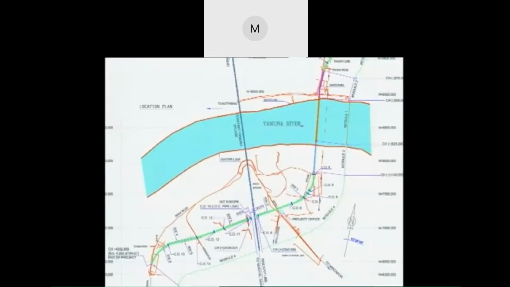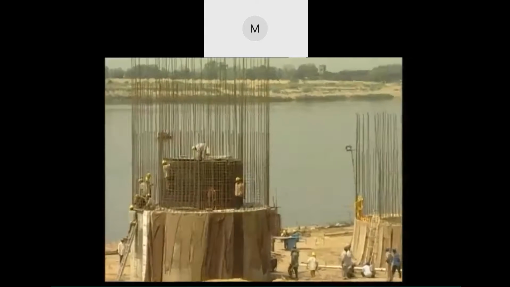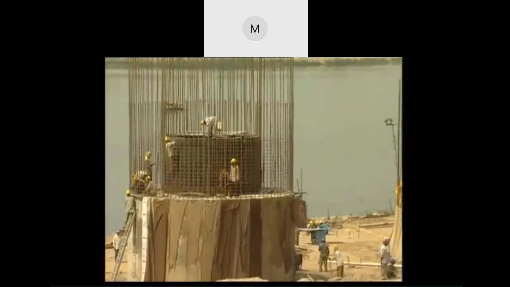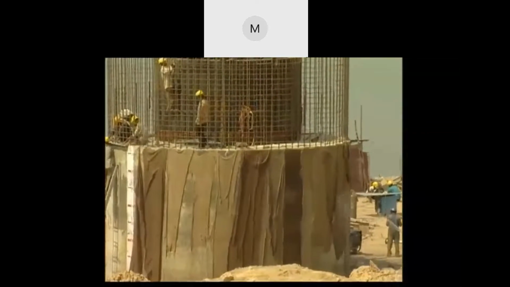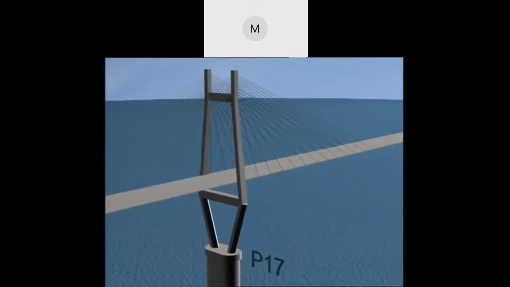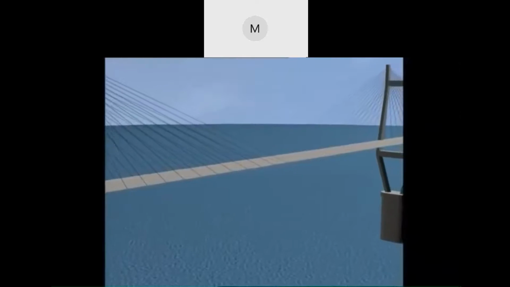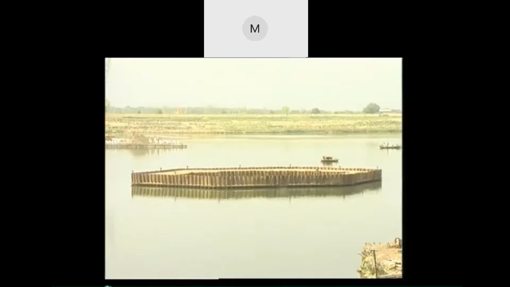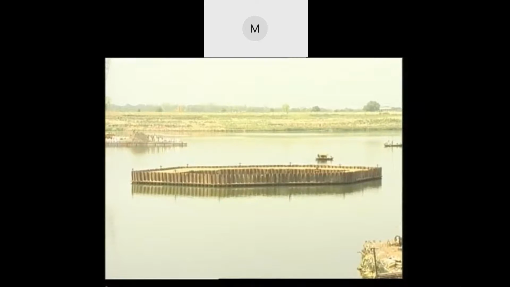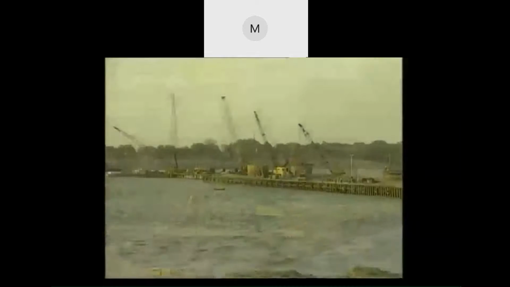Approach road works, which includes embankment works, retaining walls, cross drainage works, pavement works, safety signboards, etc., are included in Module 4. After the center line of the bridge was established with the help of precise survey, foundation works were taken up. Foundations of the pylons P17 and P18 supporting cable stayed portion had to be built in the middle of the riverbed, which were enclosed by coffer dams, access to which was provided by jetties constructed on both banks.